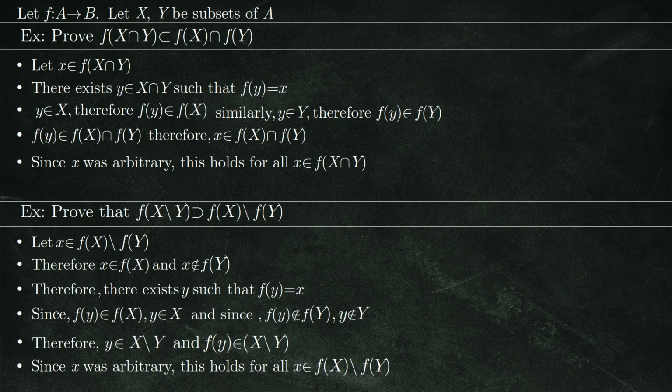And again, we need to use that line at the end. Since x is arbitrary, this holds for all x and therefore holds for the sets. Also, note that we haven't just said y equals f inverse of x, because, as I said before, there could be multiple y's that satisfy this. We know at least one y exists, because x is in the image of f of X, or f of y.